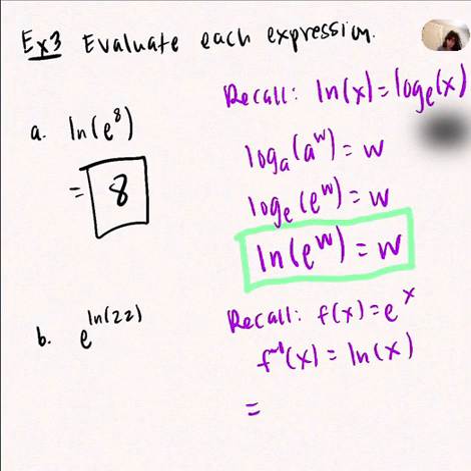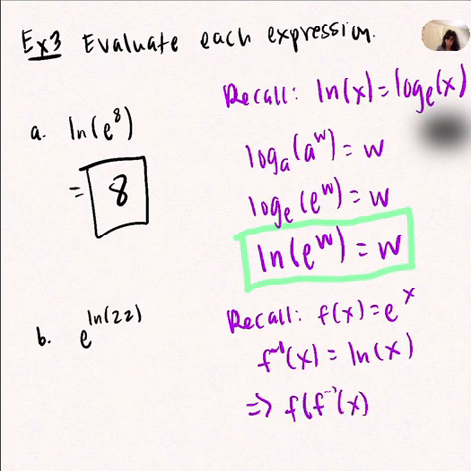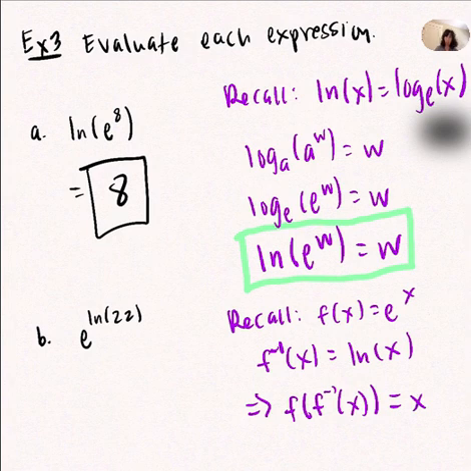So this means that if I were to do f of f inverse of x, I'm going to get x back out, property of inverse functions. So if I stick the natural log function inside the e to the x function, I always get x back out.